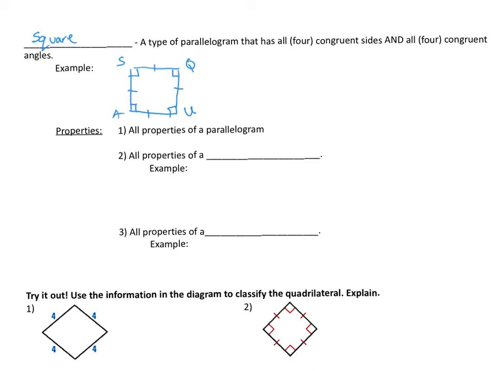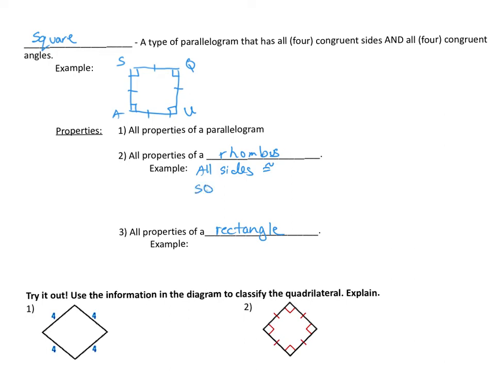So here, first it has to have all the properties of a parallelogram, all the properties of a rhombus, and all the properties of a rectangle. So the rhombus, meaning all the sides are equal or congruent, all sides congruent.